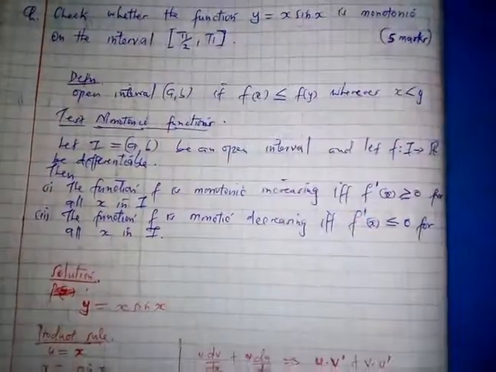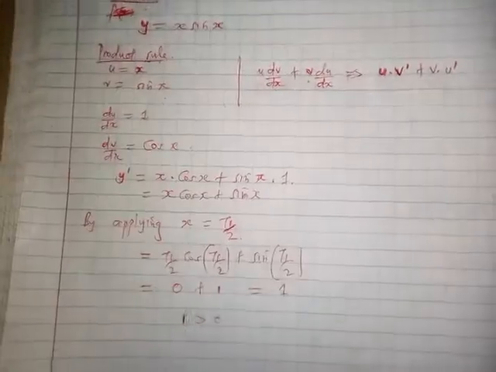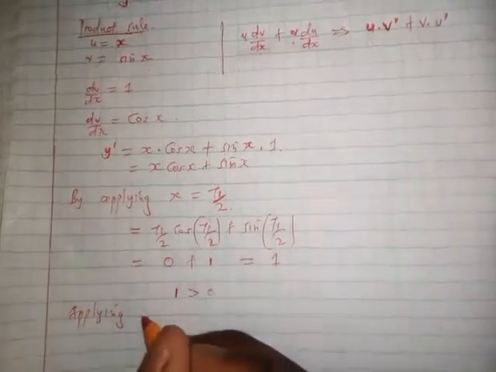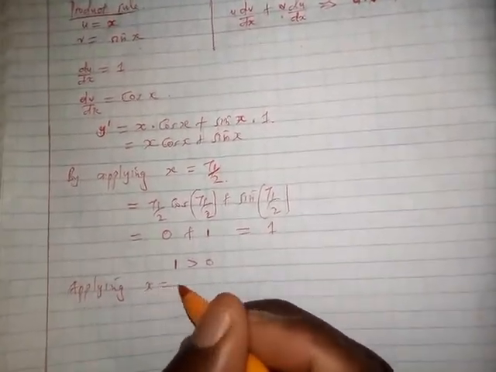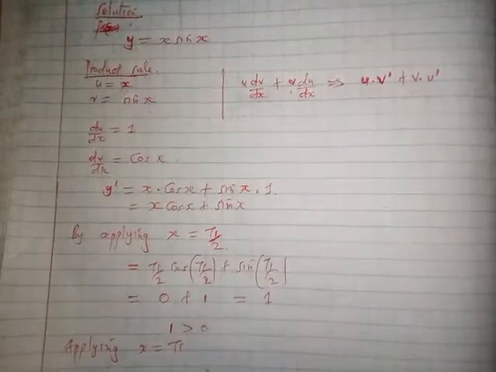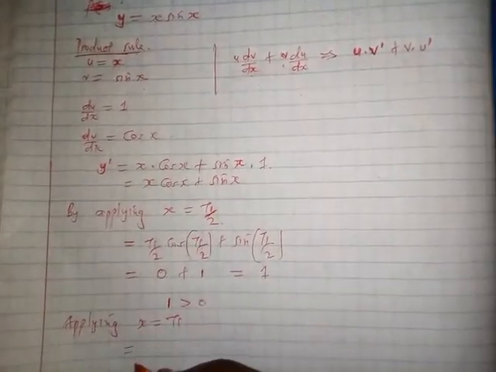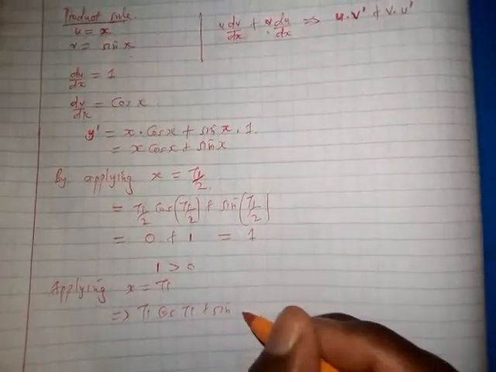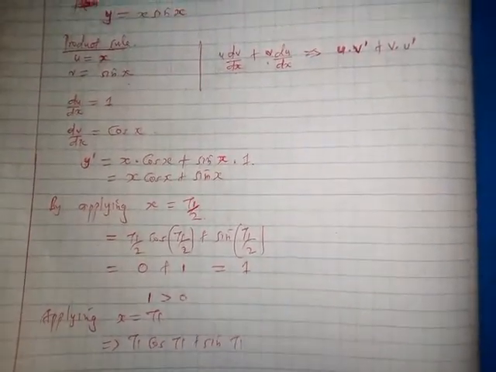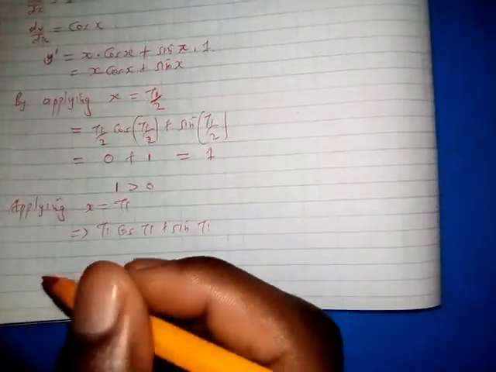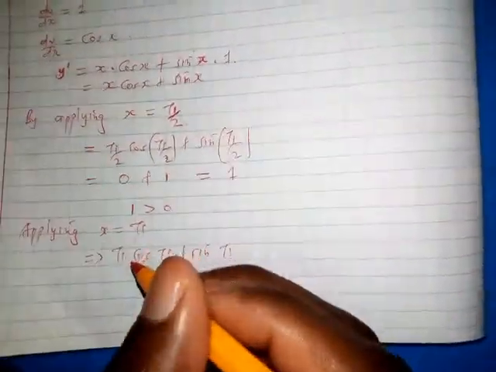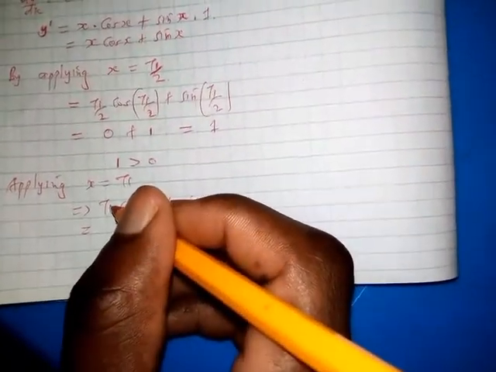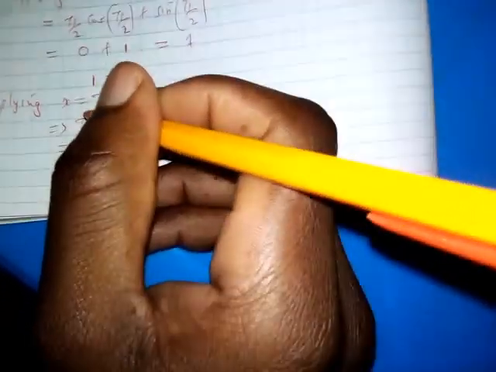The next step, we substitute pi now. We substitute pi where there is x. So applying x equals pi, we have pi cos pi plus sin pi. Here pi is 3.142 rounded off to 3 decimal places.